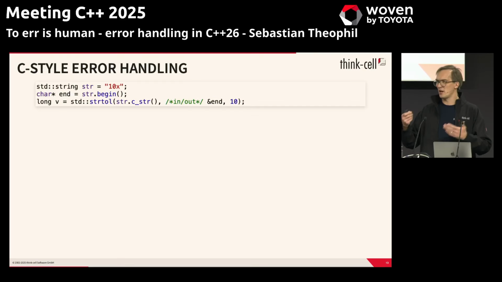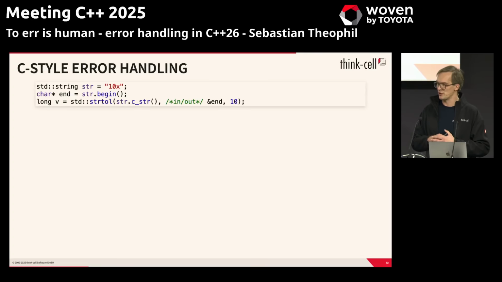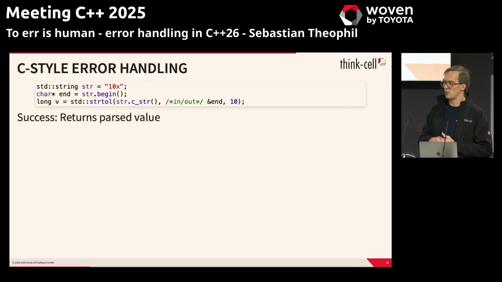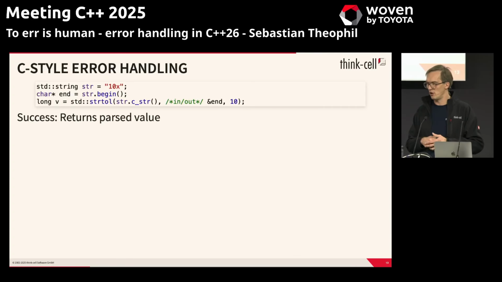And this style of error handling also made it into the C++ standard. Here's the string to long conversion function, strtol, where you pass a string, the end pointer to the parsed end, and the base of the number you want to parse. And this will of course on success return the successfully parsed long.